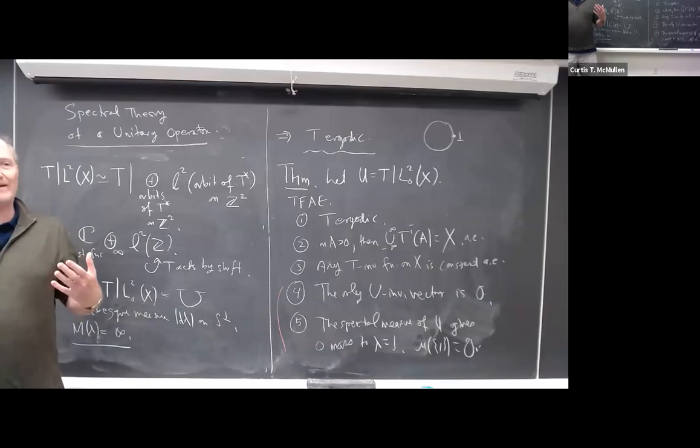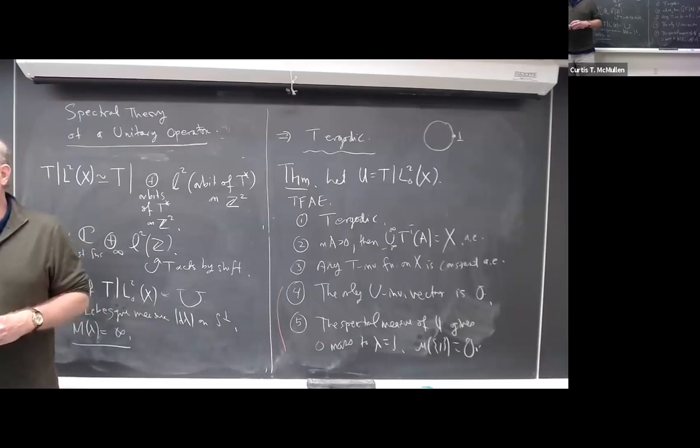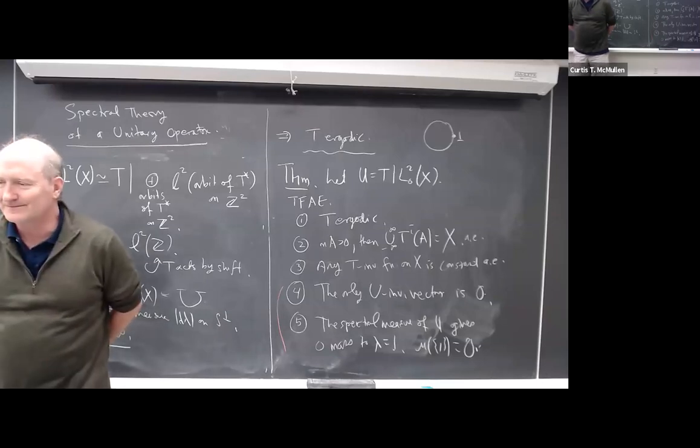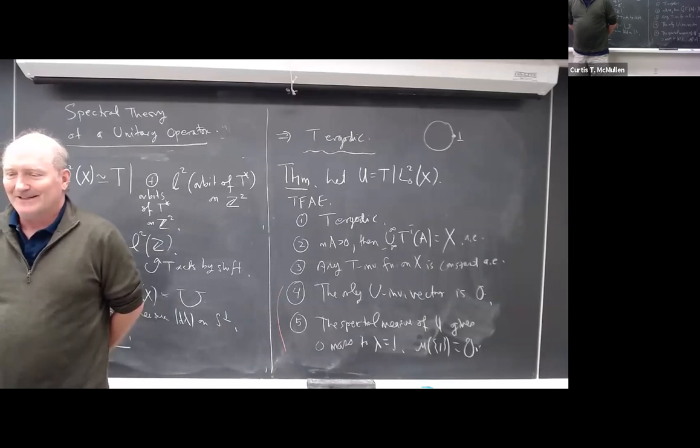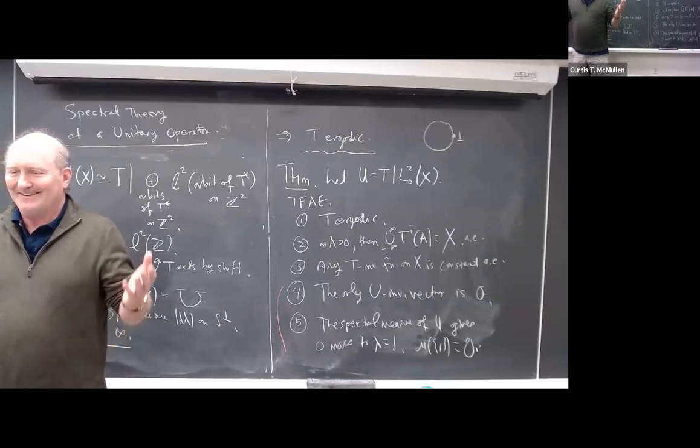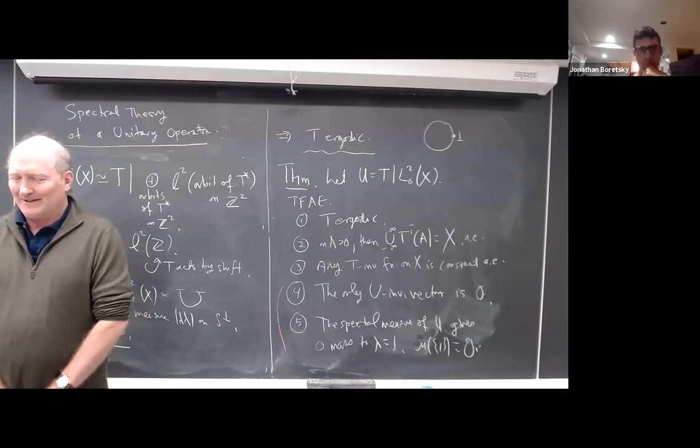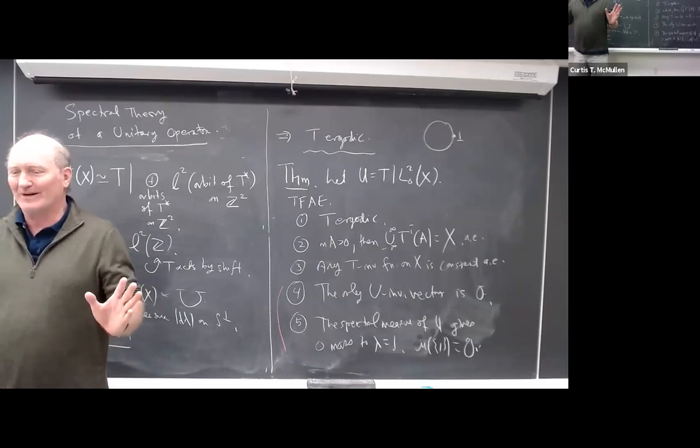If I know the eigenvalues of U, what are the eigenvalues of U to the n? So note, I'm not even asking a question about spectrum. This is a very simple linear algebra question.